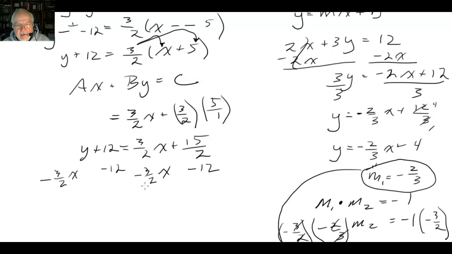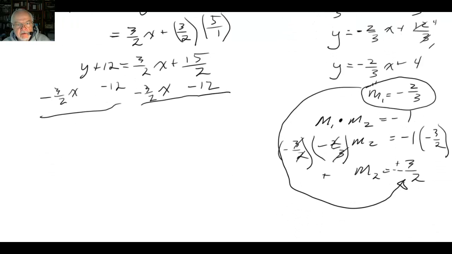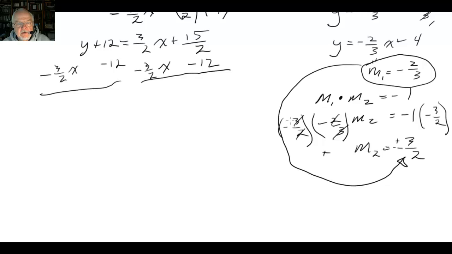Sorry, just checking. Over the years I've become a double checker all the time. Oh, that's nice, that cancels, and that cancels. I love to get rid of stuff. And I end up with -3/2 x + y.